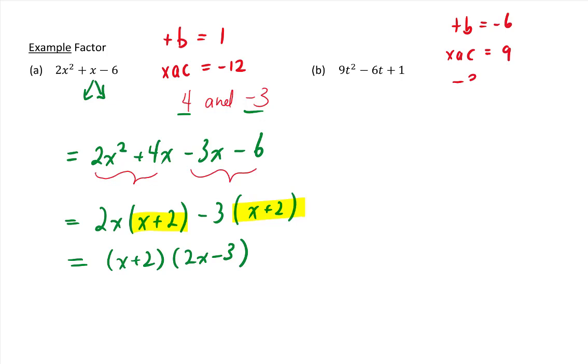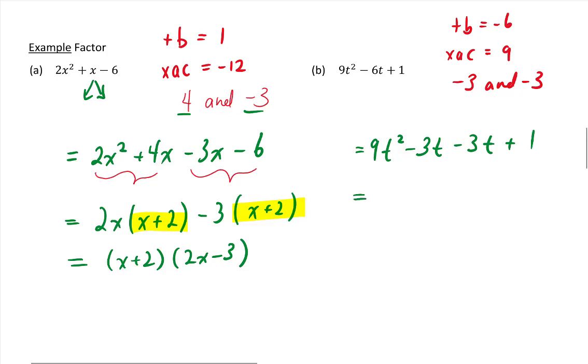Well, if you chose negative 3 and negative 3 for your magic numbers, negative 3 plus negative 3 is negative 6, and negative 3 times negative 3 is positive 9. Those are the numbers we're going to split negative 6t into. So we end up with 9t squared minus 3t minus 3t plus 1.